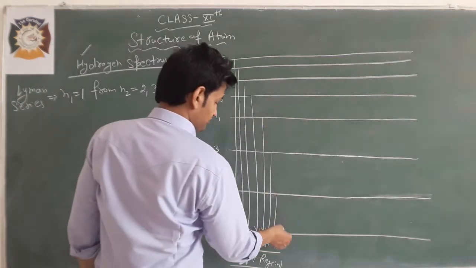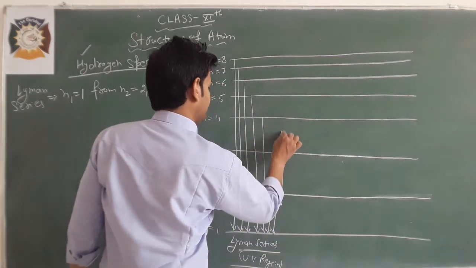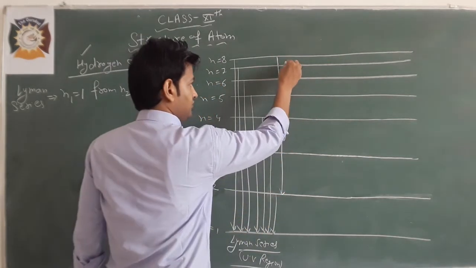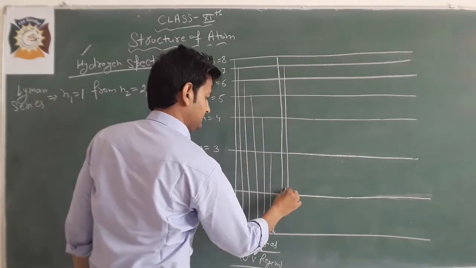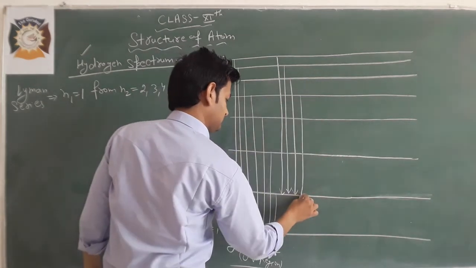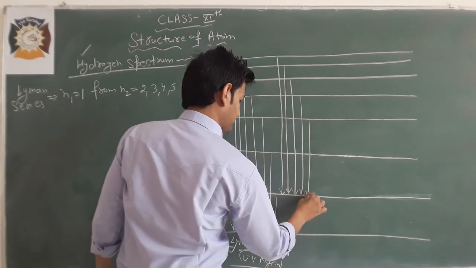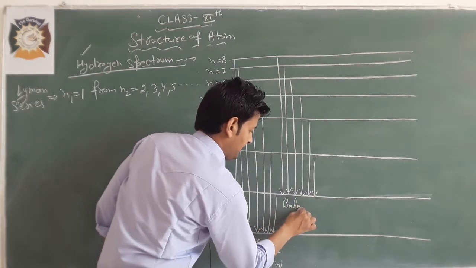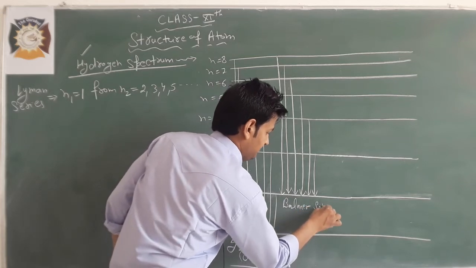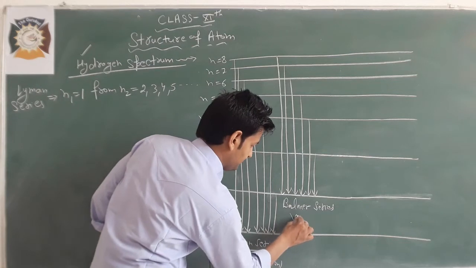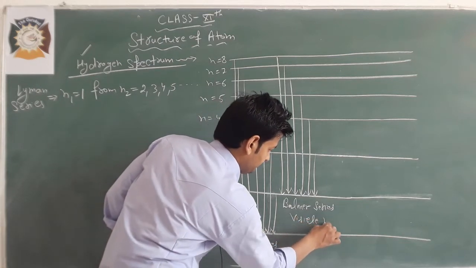When the electron jumps into the second energy level, this is n is equal to 2, from the 8th, then the series obtained is, which one comes after Lyman? This is our Balmer series, and this series is present in the visible region.